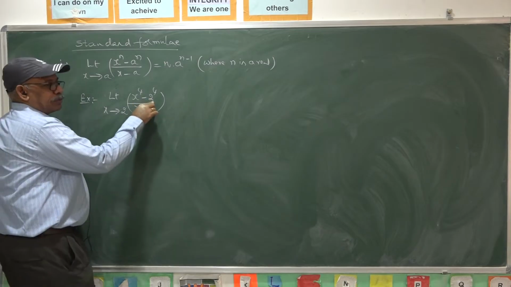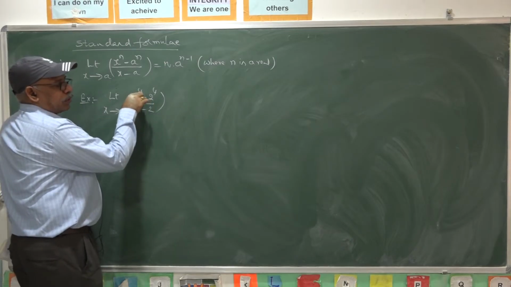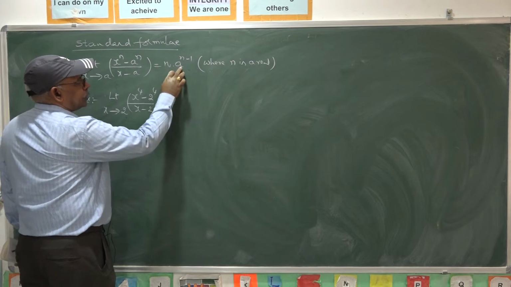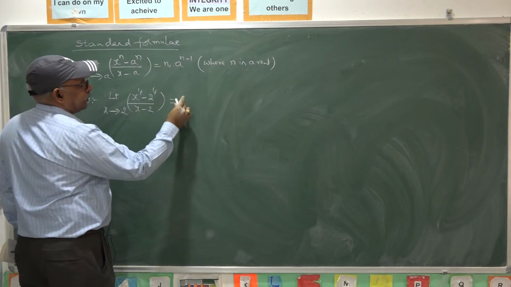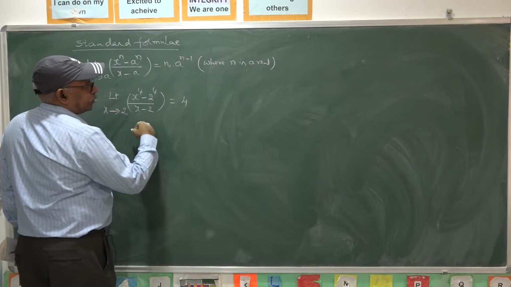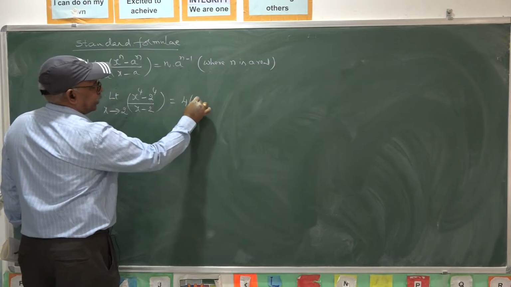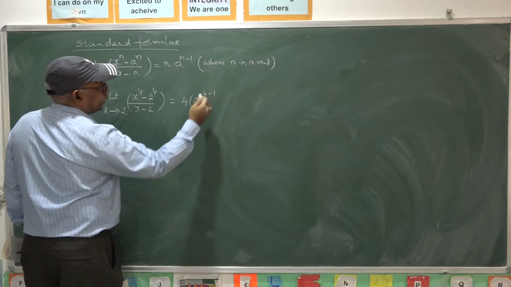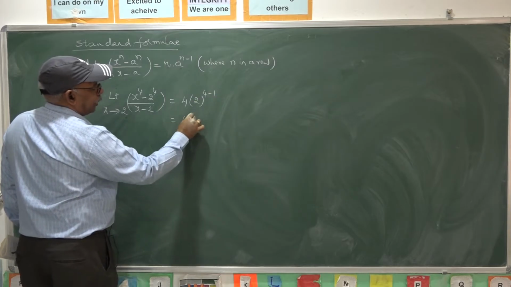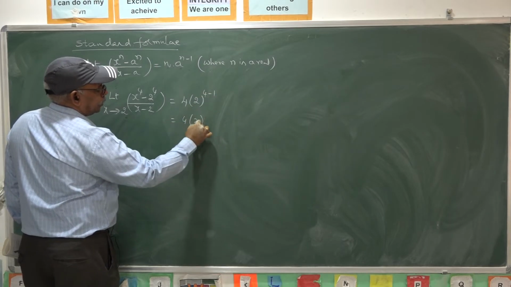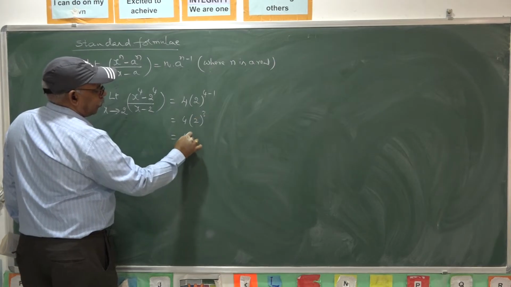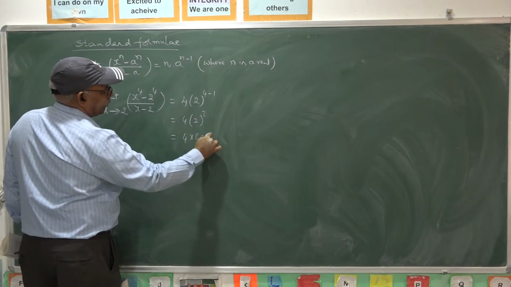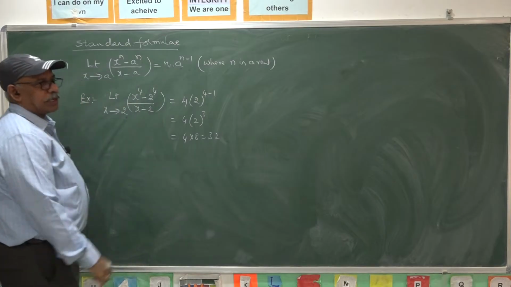Here a is 2, n is 4. Hence, this is 4 into, that means n into a power, 2^(4 minus 1). That is 4 into 2 cube, where 4 into 2 cube is 8. So, the required limit is 32.